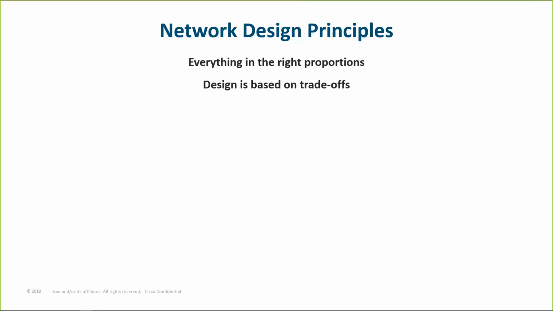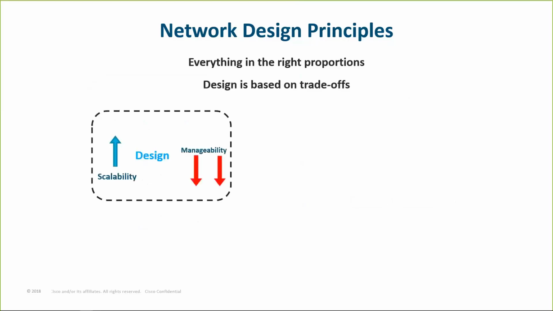So in design, something we need to consider is that everything is based on the right proportions, and everything in design is based on a trade-off. This means that if we increase our scalability, as an example, our manageability will go down, simply because it's a bigger structure, more complex to maintain, more complex to manage, more complex to understand.